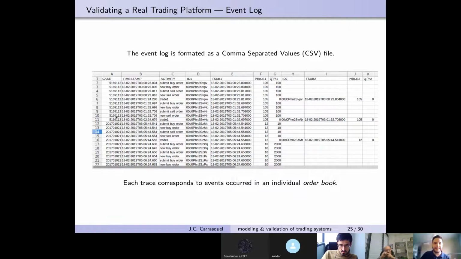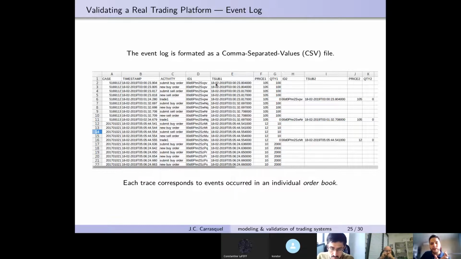So we have the case, which refers to the individual order book. We have the timestamp, so when the event was executed, which activity, and the next 8 columns divided by 4. So ID1, T1, price 1, QT1. These first 4 columns represent one object, one tuple. For example, ID1, in this first row, is this object with this identifier.